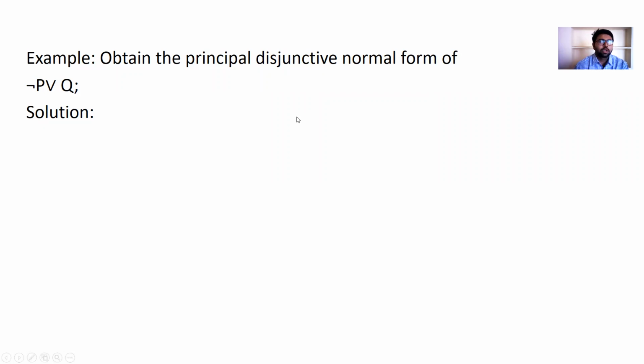Coming to this example, first of all, you need to identify whether this formula is in sum of product form or product of sum form. This will be in sum of product form.